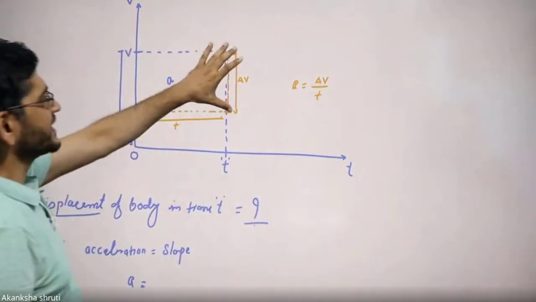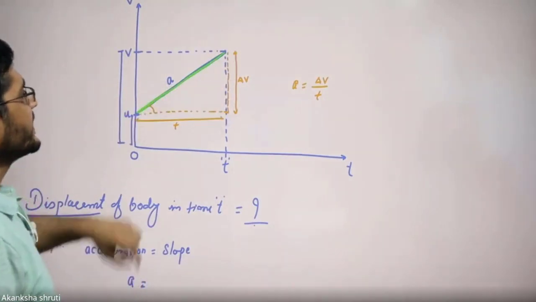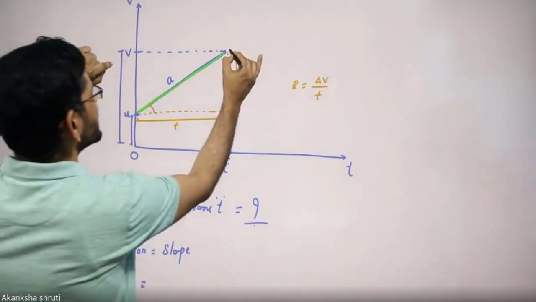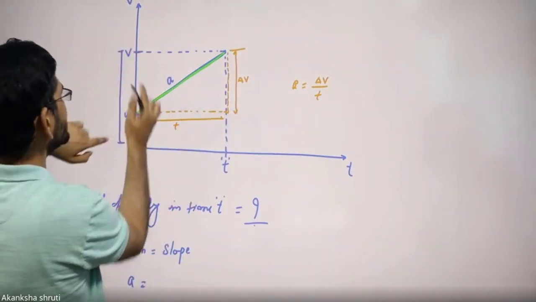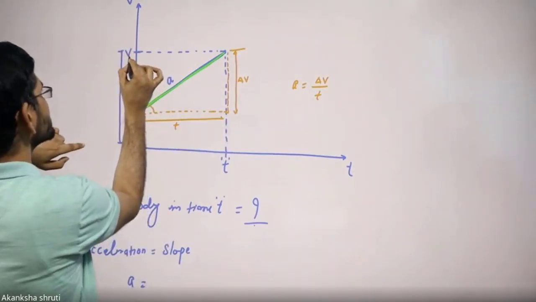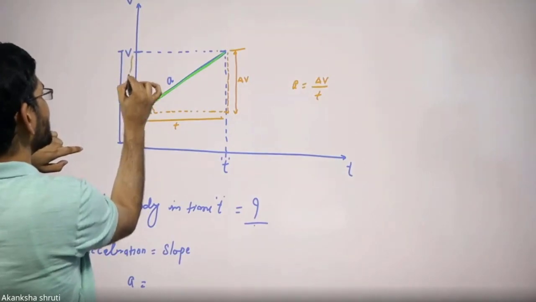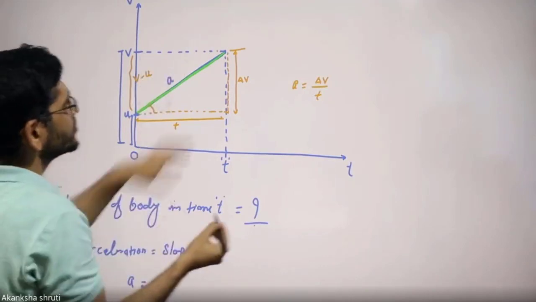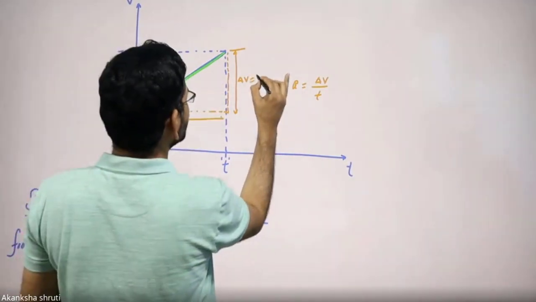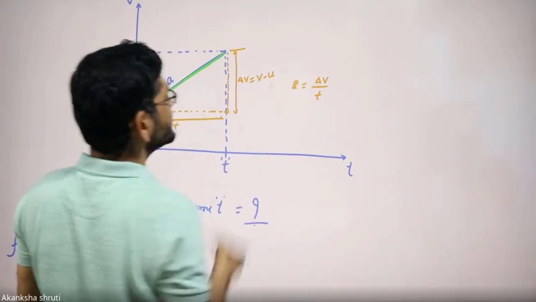Students, how can we calculate this delta v? Keep in mind, this is the upper limit which has the value v, and this is the lower limit which has the value u. So this gap can be calculated by v minus u. So delta v is nothing but v minus u.